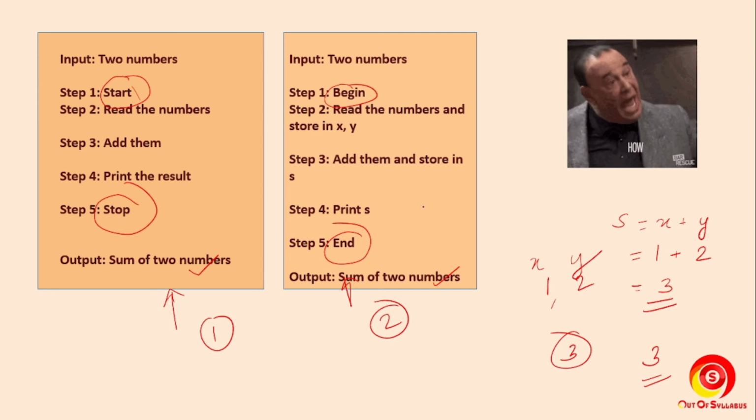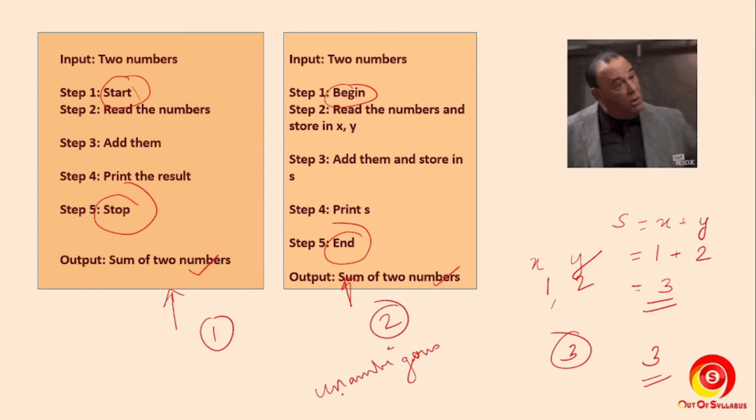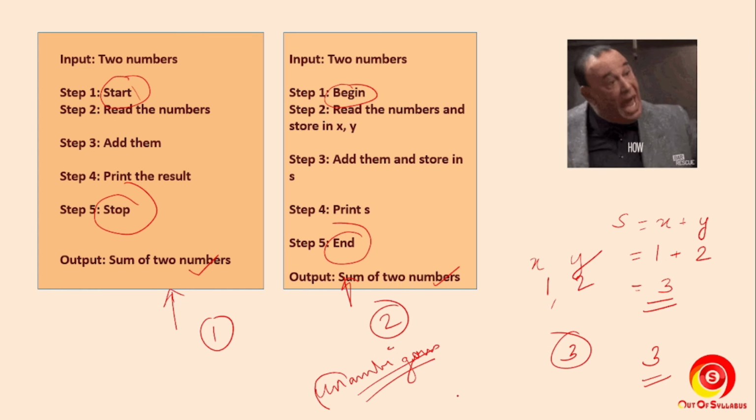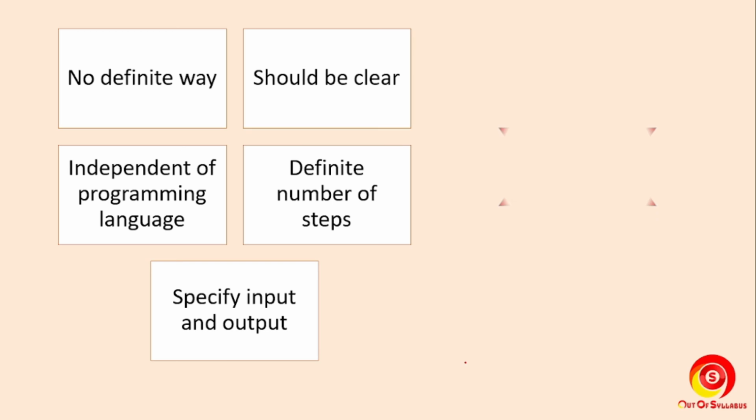This second algorithm is much clearer when you read it. So basically, when you write an algorithm, it should not be ambiguous. It shouldn't create an ambiguous situation or confuse people. The algorithm that you write should be really clear.